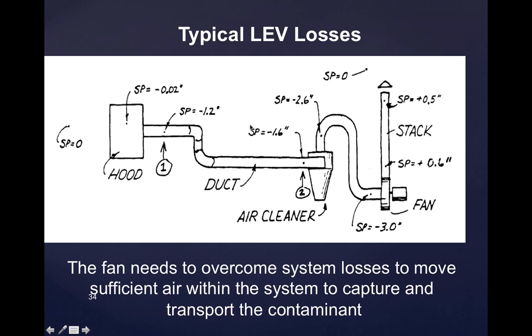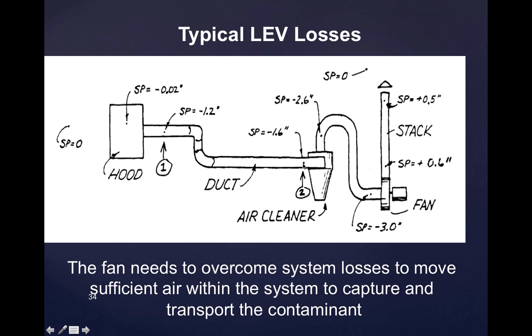So in order to have a static pressure of negative 1.2 inches at this point, I have to have a static pressure of negative 1.6 inches just before the filter to make up for the losses between here and the hood static pressure measurement. That's what we're really doing here, these calculations to figure out what this static pressure has to be.